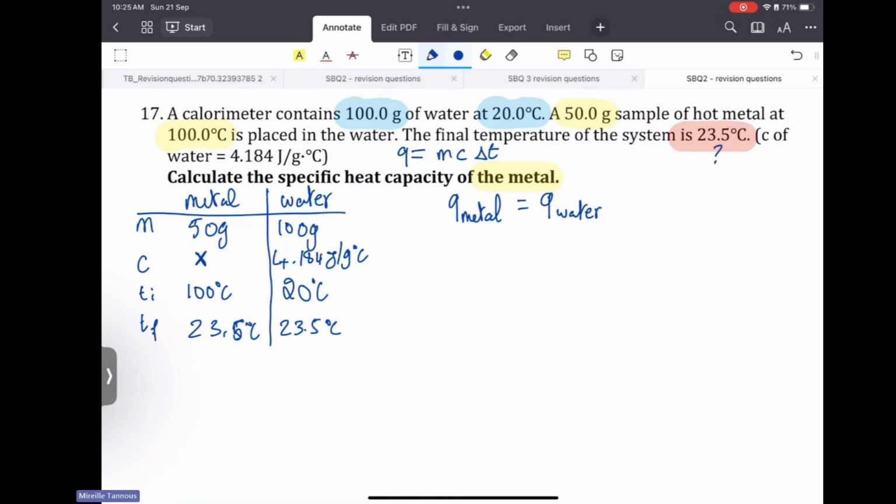Now, since this temperature is higher, the heat is going to flow from the metal to the water. It means metal will lose heat, water will gain heat. So I'm going to put the minus next to the metal and the plus next to the water. Now you can solve this in 2 steps or you can plug it into one equation.